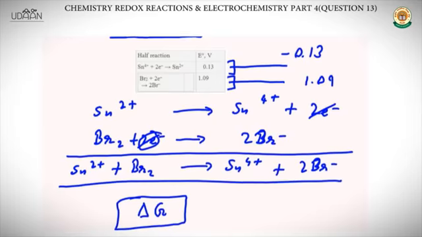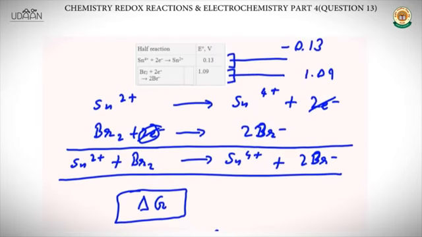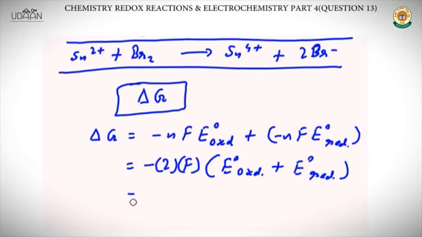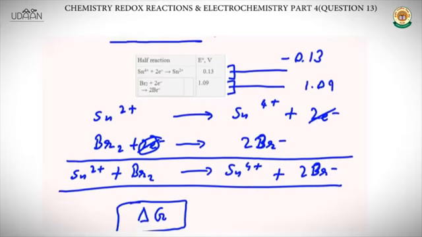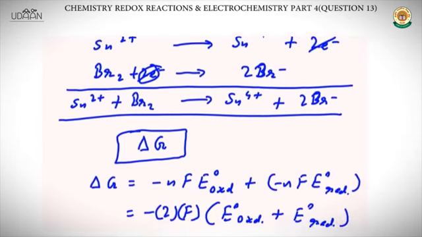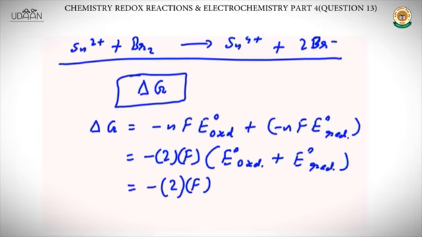So we just need to add both these values. So it would be minus 2F times E0 oxidation plus E0 reduction, so it's minus 0.13 plus 1.09.